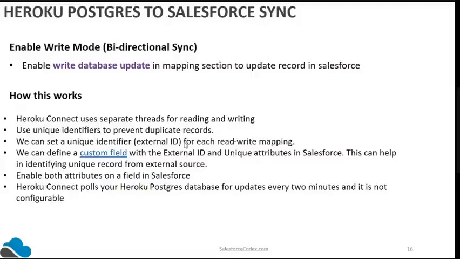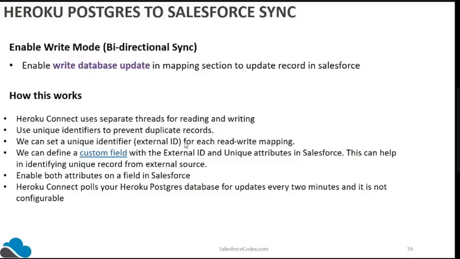Heroku always needs a unique identifier to prevent duplicate records. Let's say, for example, if 2 records have the same ID, when you update data in the Heroku platform, which record will it update? So for that purpose, it always needs a unique identifier, a unique record in your Salesforce object.